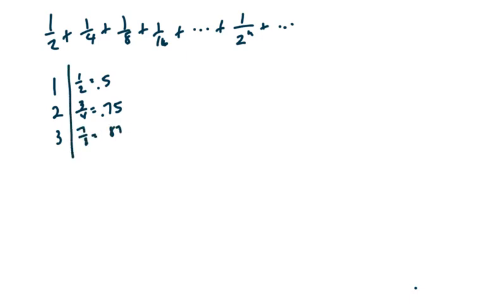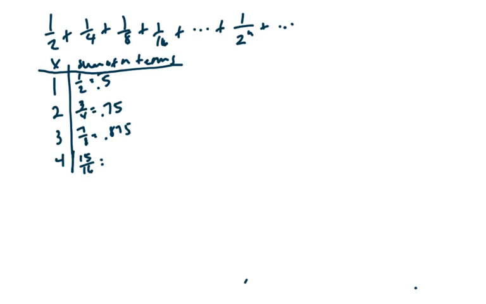which is 0.875. Now, this you don't really have to write down. We do it. So this is the sum of n terms. The first 4 terms, we get 15/16, and I don't know that decimal approximation.